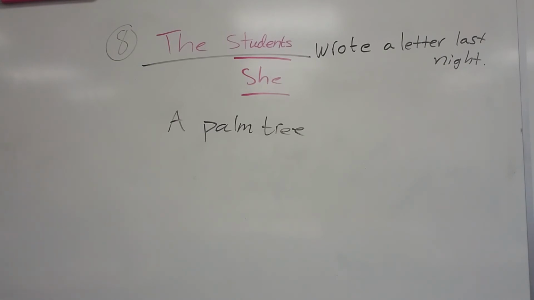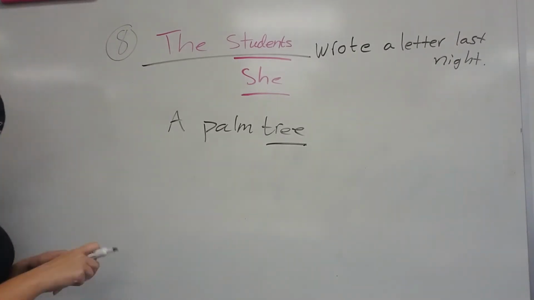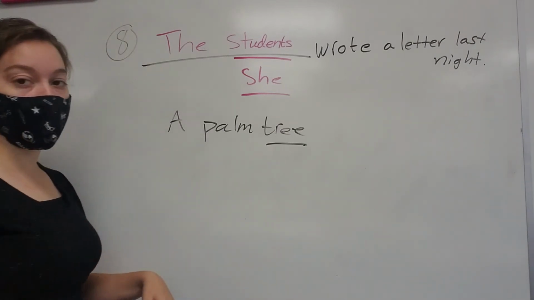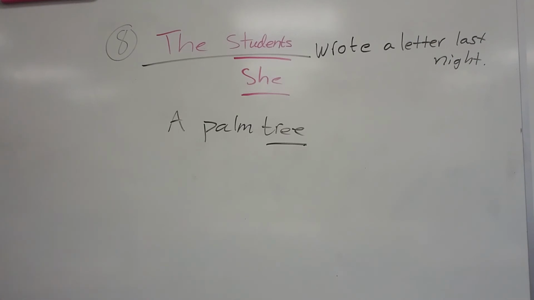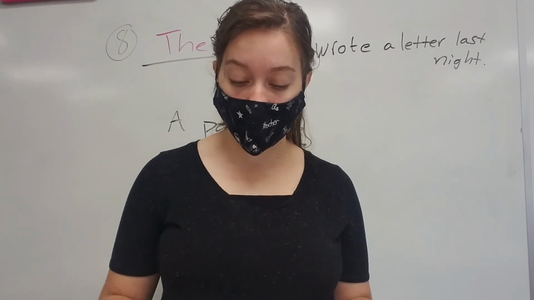A tree. So, the tree, right? Palm just describes what type of tree. So you need to write a palm tree and underline the word tree, okay? People have actually found out that palm trees are actually a type of grass. Oh, wow.